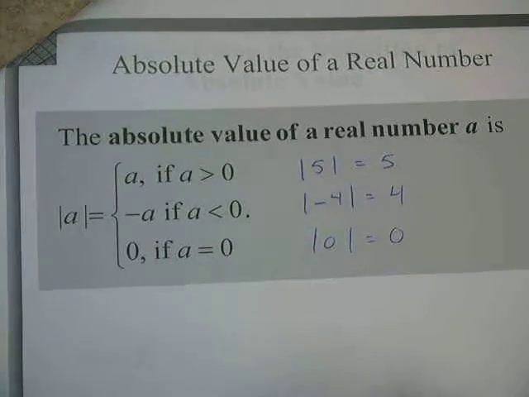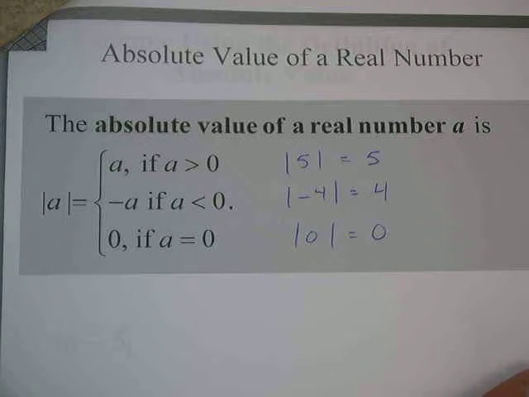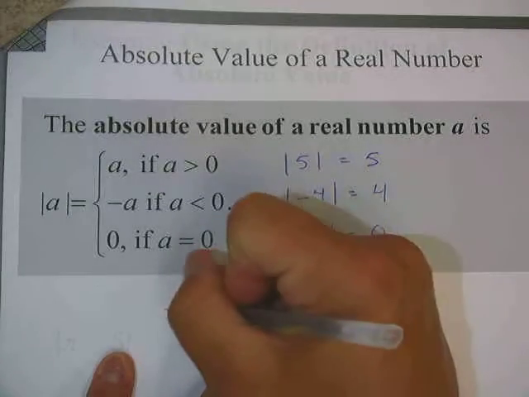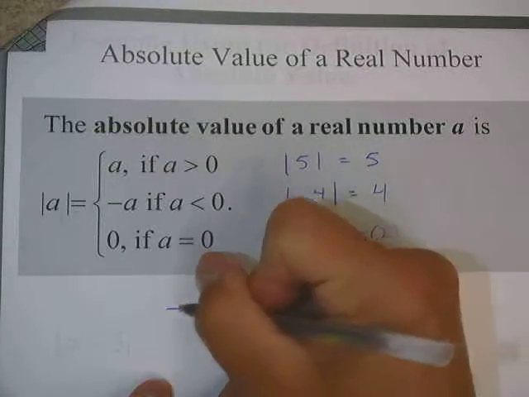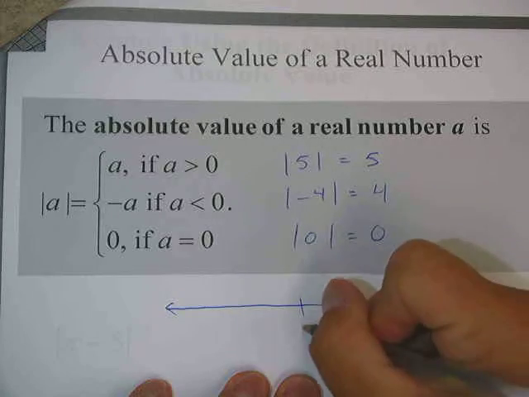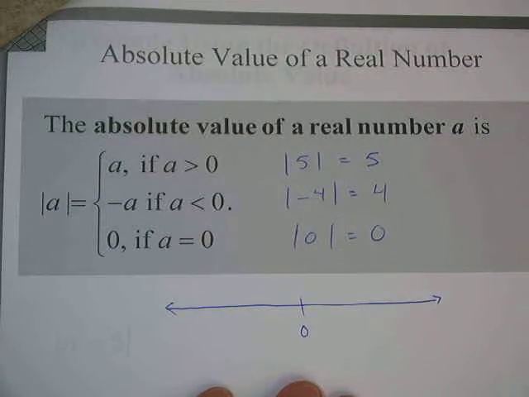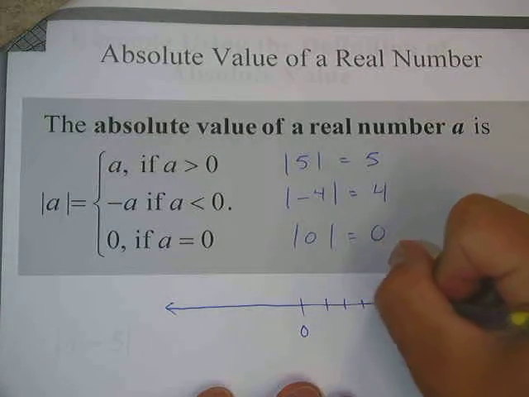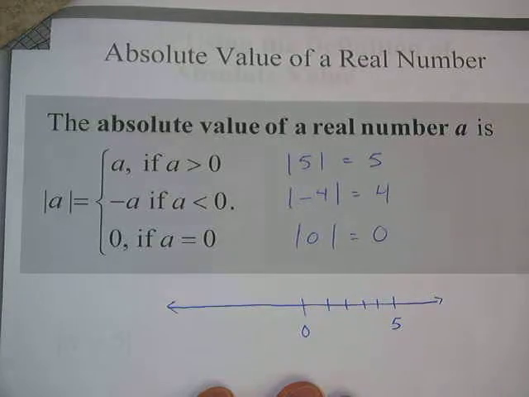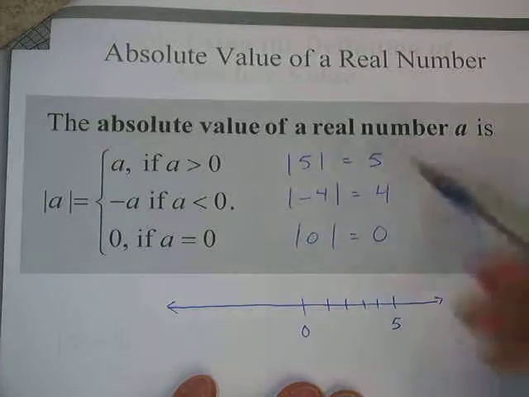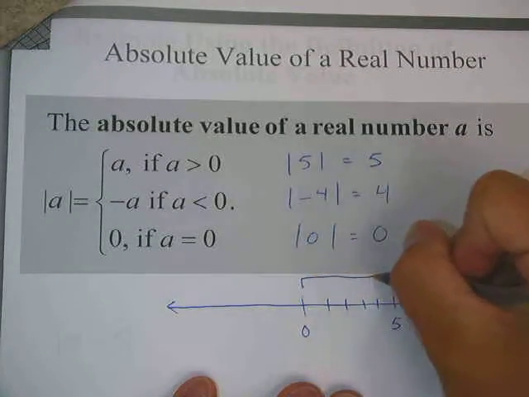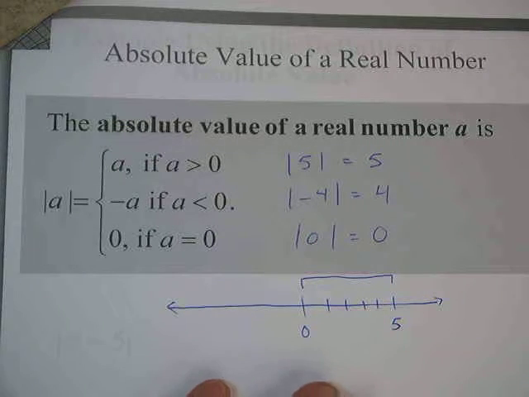Now, just to illustrate, I mentioned earlier when we were talking about that idea of a magnitude of a number what the absolute value also is from a graphical standpoint. If I have my 0 here on the number line and I have 1, 2, 3, 4, 5, that answer to the absolute value is not only by definition, but it also represents the distance between 0 and 5 on the number line.